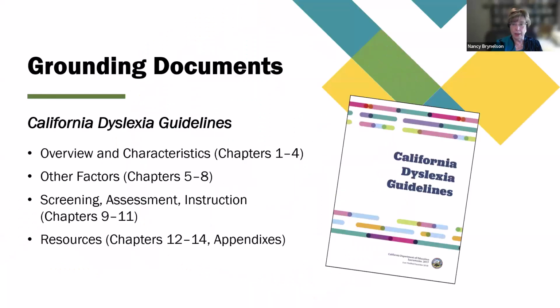With that in mind, we turn then to the last of these grounding documents, which are the California Dyslexia Guidelines, organized into several chapters: overview and characteristics of dyslexia in the first 4 chapters, other factors related to dyslexia, including special education, screening, assessment, and instruction, or teaching students with dyslexia, in chapters 9 through 11, and then other resources.